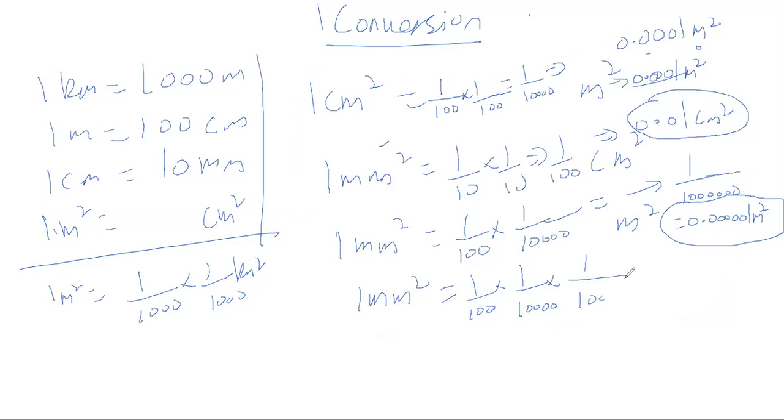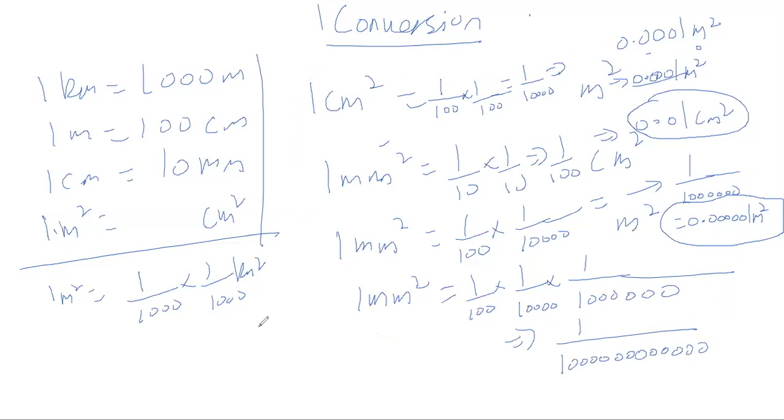So now if you count how many zeros there are: 6, 4, 10, 12. 1 over 12 zeros.